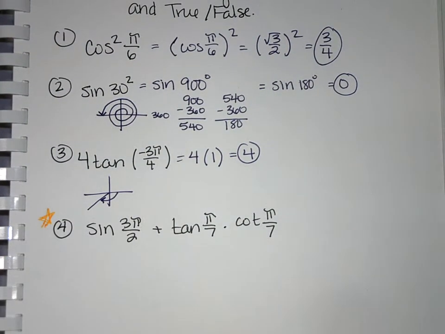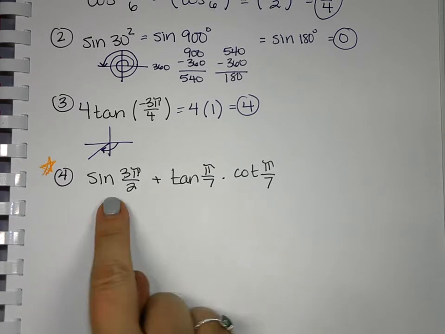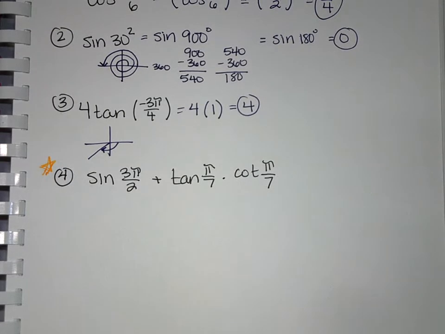So you want to make sure that you can follow how we did this one. Just like we have our order of operations for every other type of adding, subtracting, multiplying, dividing, parentheses, grouping, exponents, and all that, those still apply with our trig functions. So before we can add, we have to multiply these together.